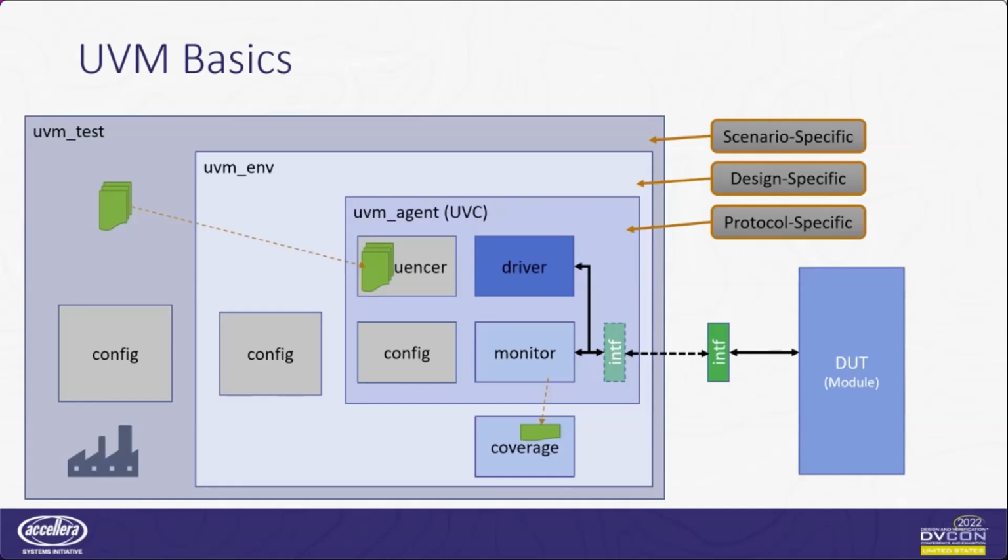So what is probably going to happen is you'll have an environment that is design specific, and you'll use that environment in a variety of tests where each test has a different set of sequences, factory override commands, configuration, or what have you, to make the same environment create different scenarios for the same DUT to verify different requirements that you have in your verification plan.